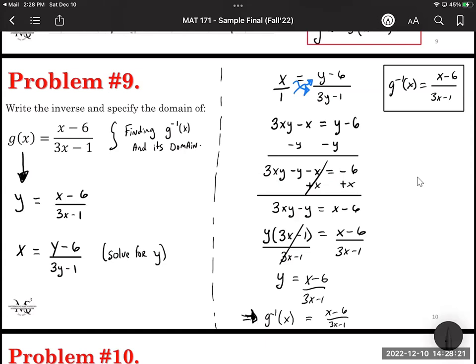If I take my denominator, 3x minus 1, and solve for x, then 3x is equal to 1, and you divide by 3 on both sides, you'll get x equals 1/3. So the domain of g inverse is going to be negative infinity to 1/3 union 1/3 to infinity.